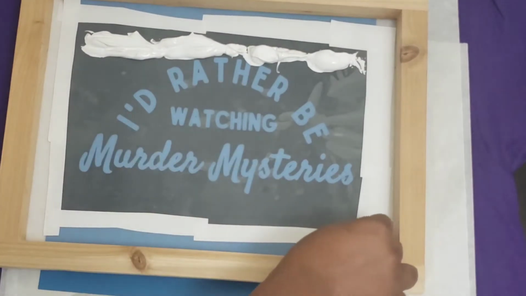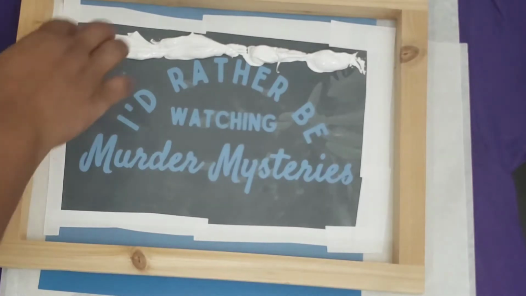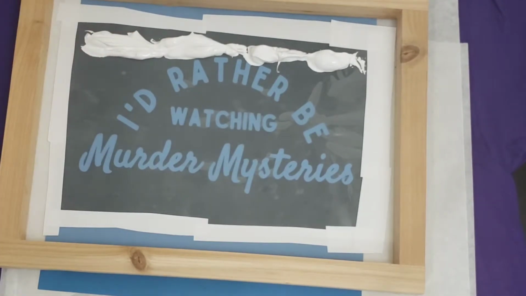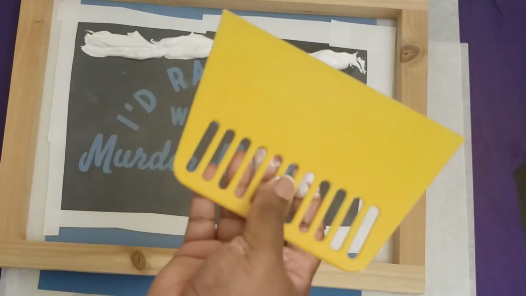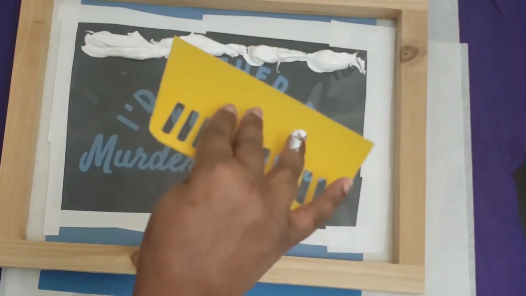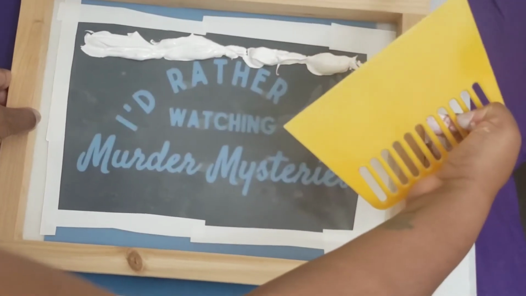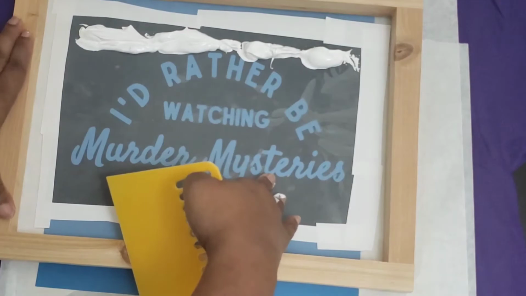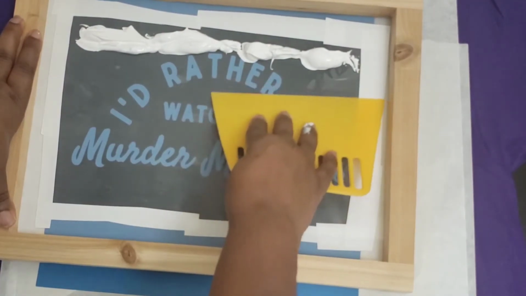And don't expect perfection. Like I said, I don't expect perfection. So the way you're supposed to do this, I'm going to use this one because it's not as bulky as the other one. The first thing you're supposed to do is make sure I'm over my paper. And you can see that I am because you see all the blue in between. I'm going to try first to press this down.